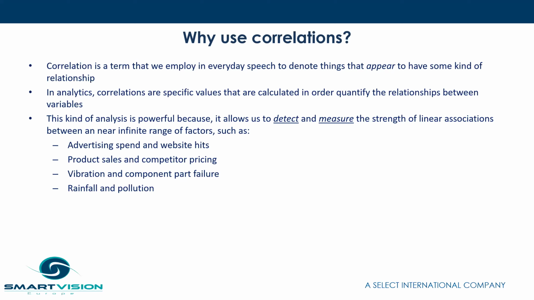Or in the environment, I've done analysis on the relationship between pollution in coastal areas and rainfall. Rainfall tends to have an effect upon pollution measures in those areas because it leads to discharges and it leads to things like nitrates being washed down off the land into the seas.